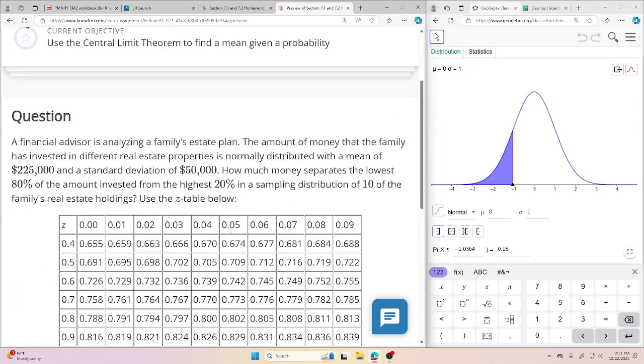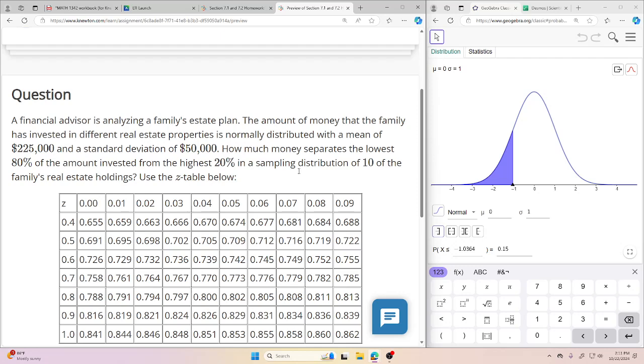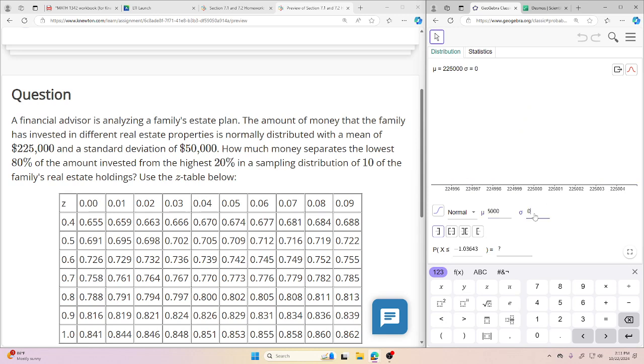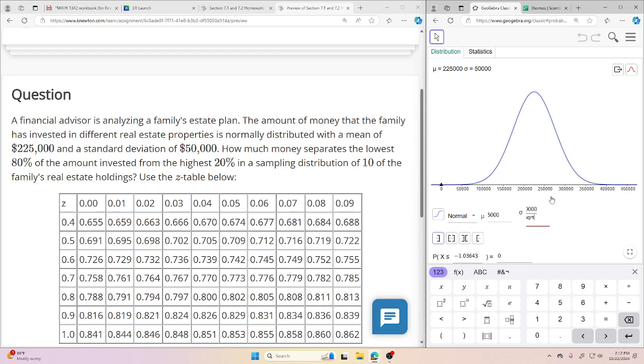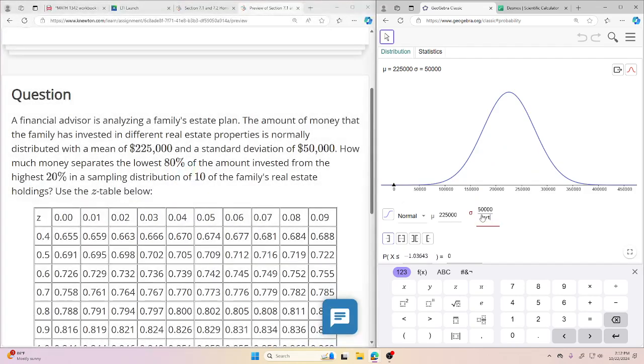So, it has a mean of 225,000. Standard deviation, 50,000, sorry, 50,000, divided by square root of what? 10. Very good. Yeah, square root of 10. Can I just get it all in one?